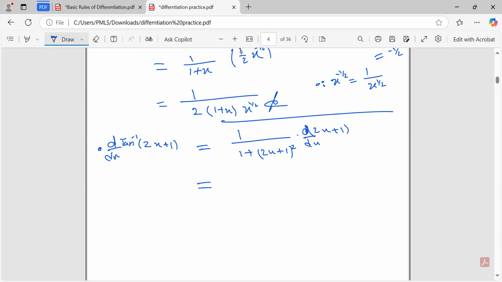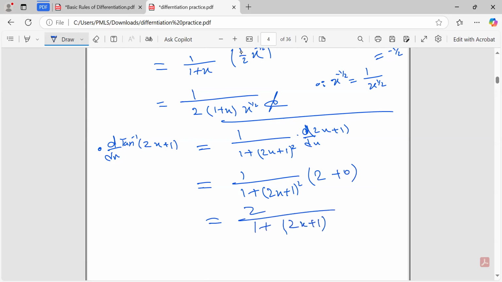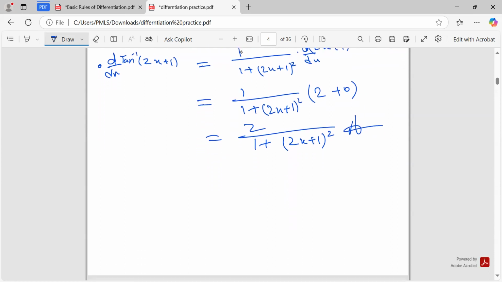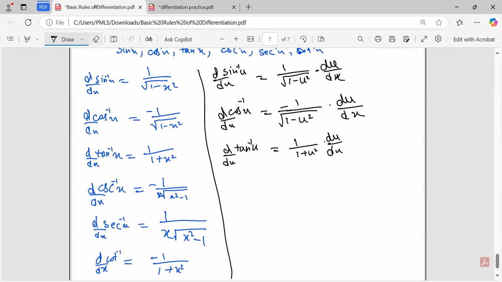The derivative of 2x will be 2 and the derivative of the constant will be 0. The final answer is 2 over 1 plus 2x plus 1 whole square. This is the answer.